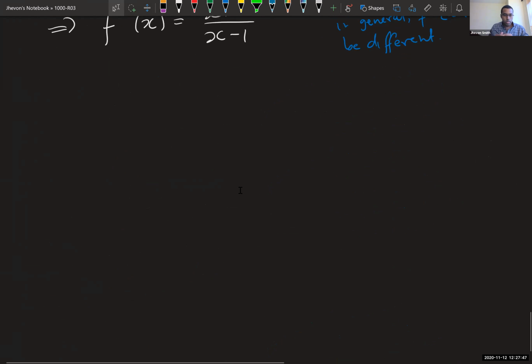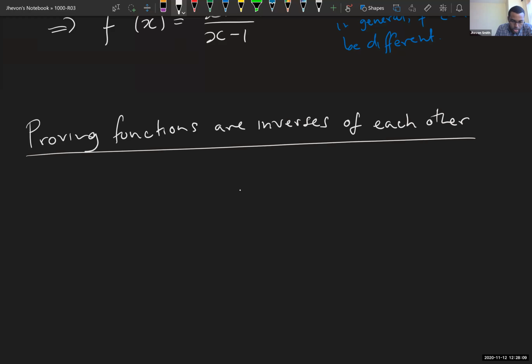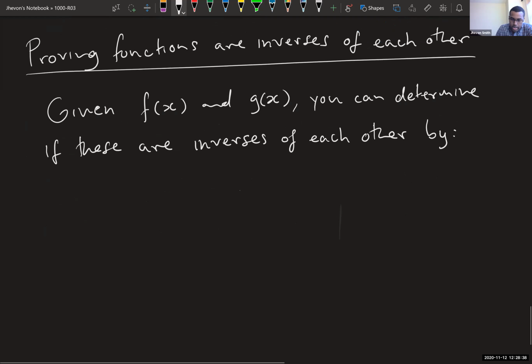Now, when it comes to proving functions are inverses of each other, so this is, say, given f of x and g of x, you can determine if these are inverses of each other by two things.